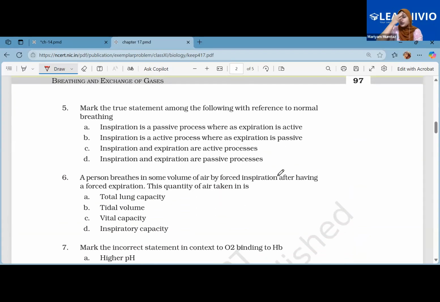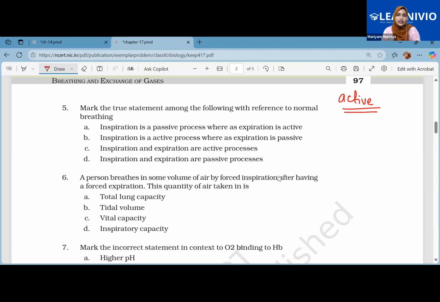All right. Mark the true statement among the following with reference to normal breathing. Okay, active and passive differences, do you people understand? Shall I explain? The difference between active and passive? See, active means anything that happens against the concentration gradient.